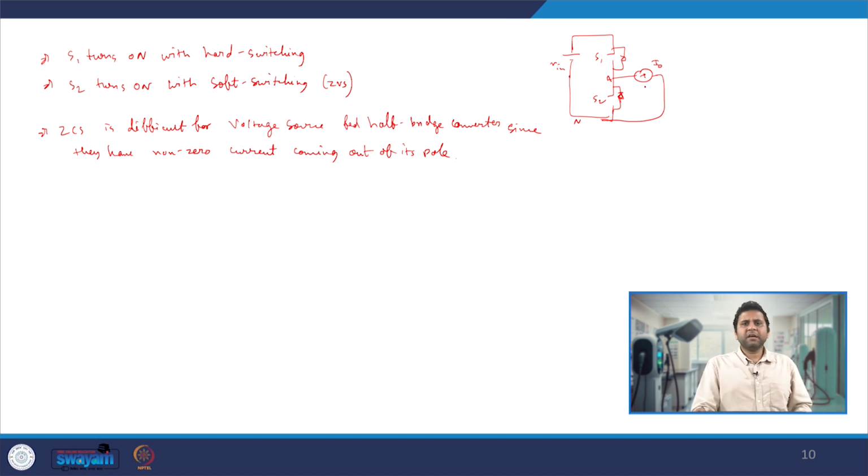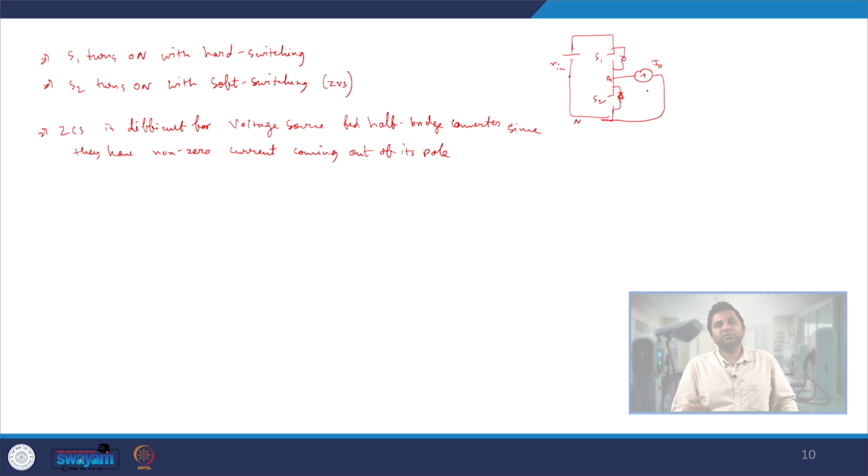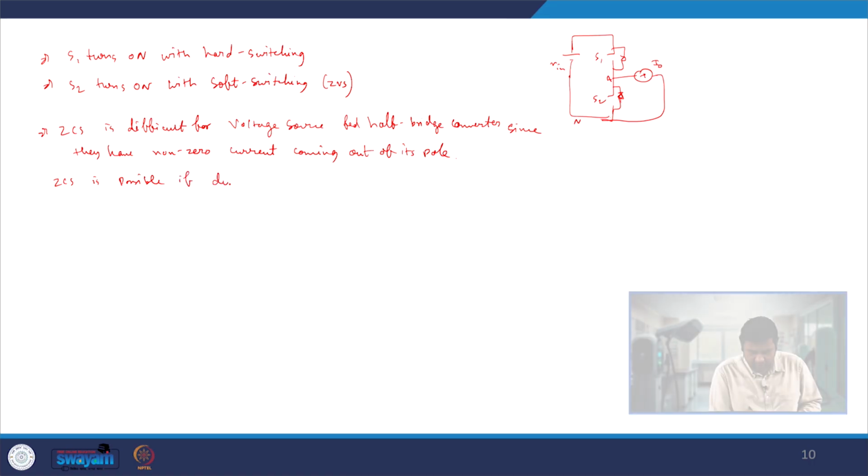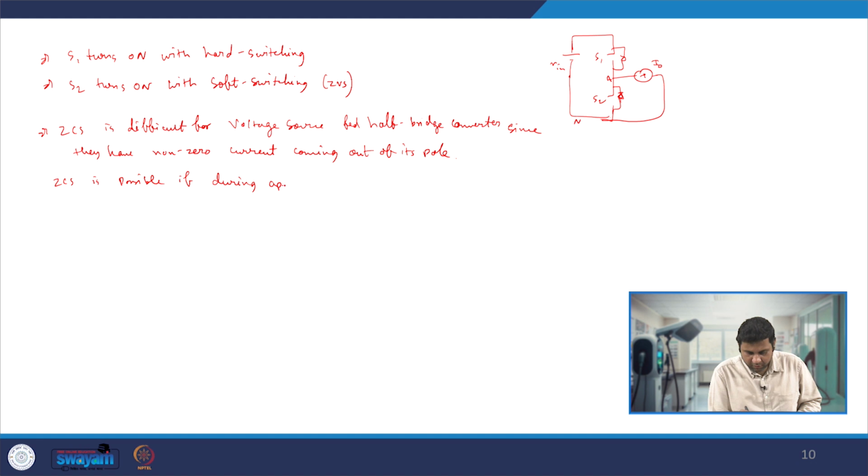However, there are certain scenarios where we have discontinuous conduction mode. There your current goes to 0 and then you turn off your devices, so we have ZCS operation during that time. This is only possible if, during operation of the circuit, I naught goes to 0.